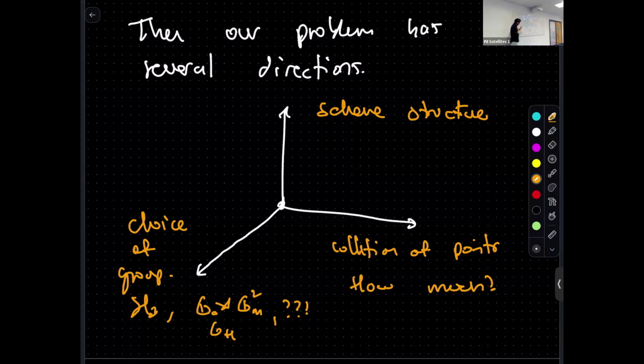I also can decide how much I let the points collide. And that is what the Fulton person tells you. You say no point will collide whatsoever, or you let some of them collide. And another aspect of the theory is that we can decide how much of the scheme structure we can see. This is the Hilbert scheme.